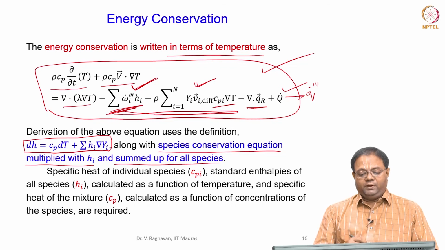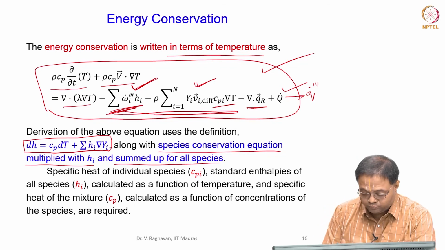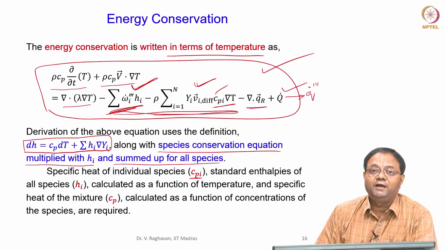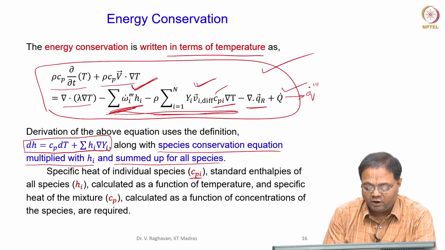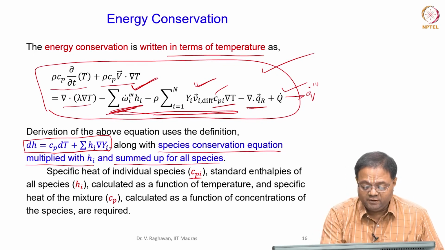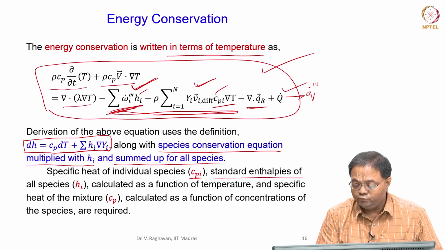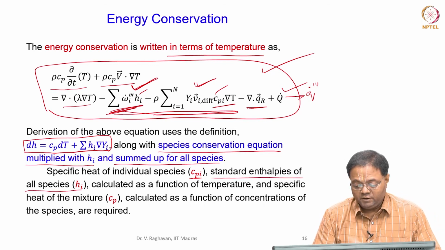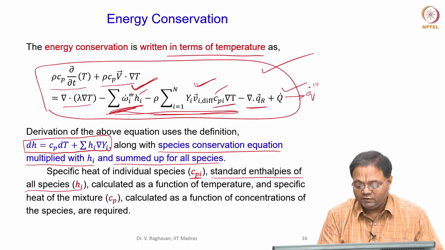Now please see that for the energy equation, you need individual species properties. You can see that Cpi is involved, so the specific heat at constant pressure for individual species is required. Then Hi, the standard or absolute enthalpies of all the species, is required. These have to be calculated as a function of temperature.